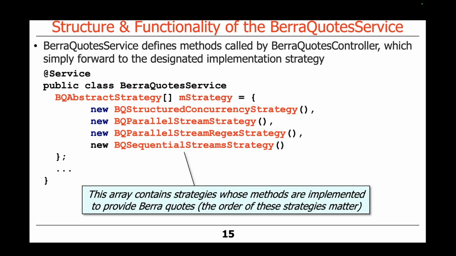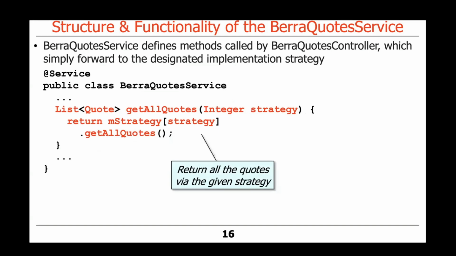The order in which these objects are defined here matters, because we're going to use the position in the array as a way to get a lookup using an integer that's passed across from client to server to indicate the desired strategy to run. Not necessarily the most robust way of doing things, but it works and it's very efficient.